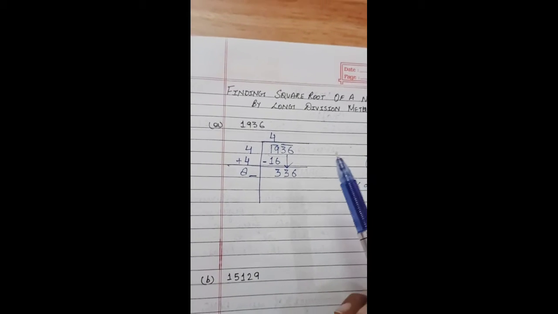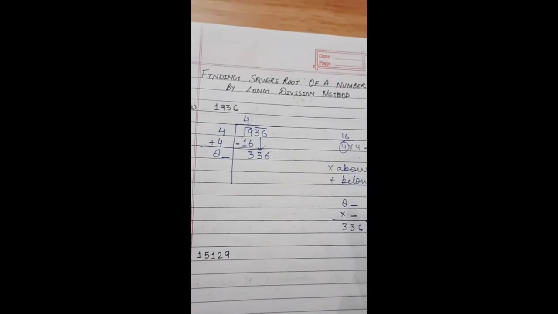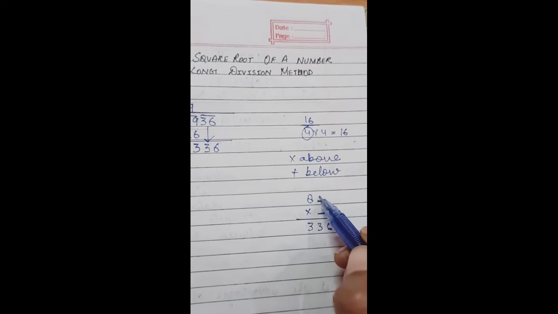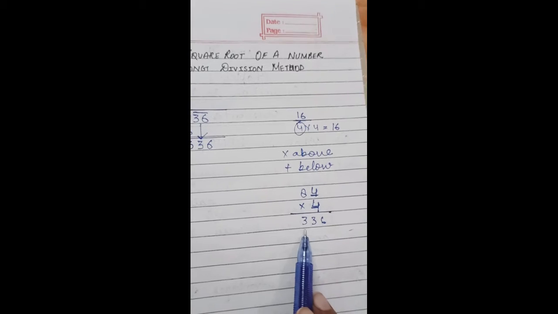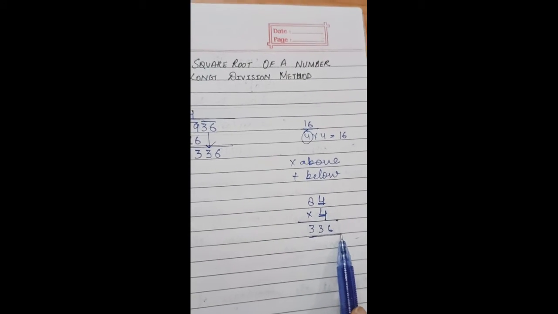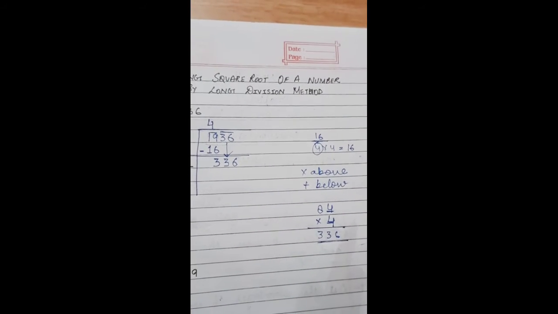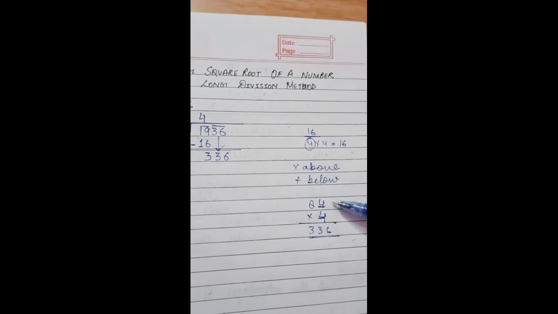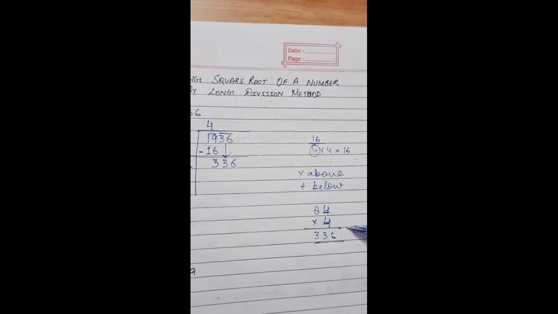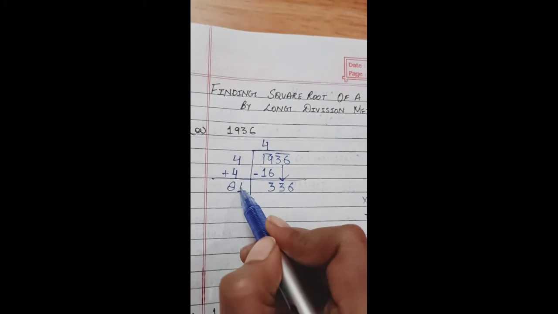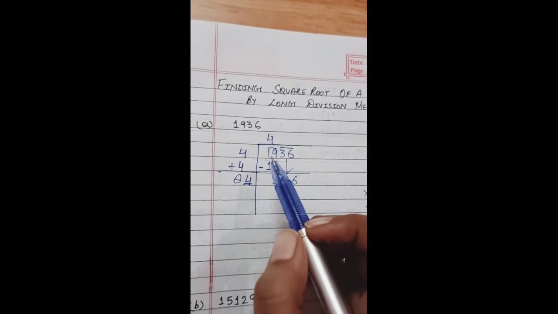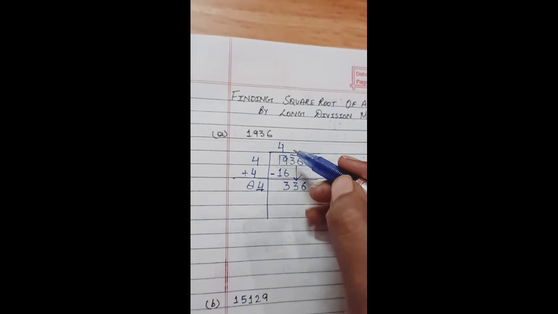So what we get here, when we multiply 84 by 4, what do we get? We get 336. And remember that the digit in both the blanks should be the same. So 84, again the same rule, we multiply above.